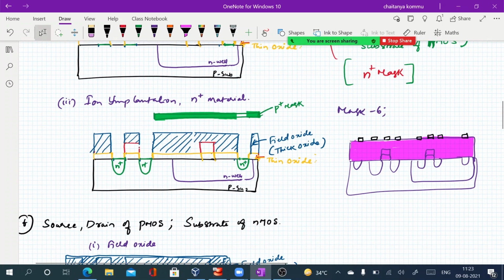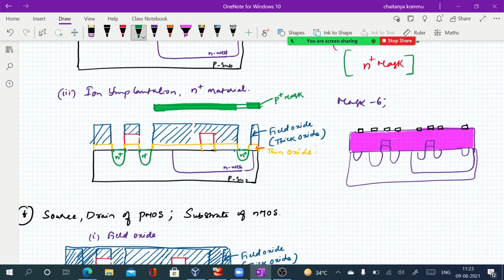Therefore we have to create a mask for contact cuts. That means we have to create a glass plate with patterns on it, in particular portions that need to be exposed, or those portions that need not be exposed.